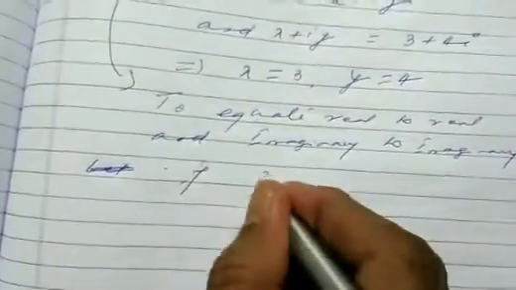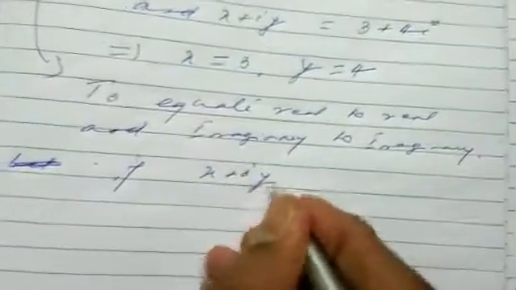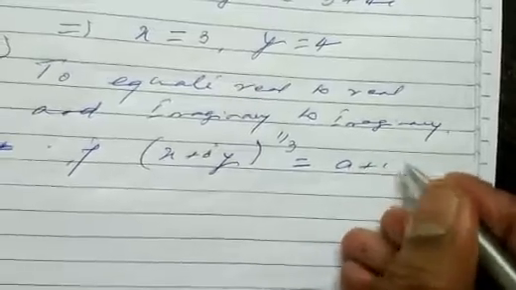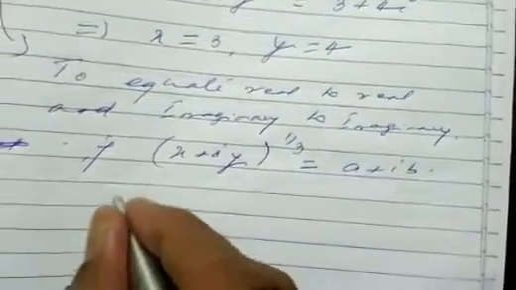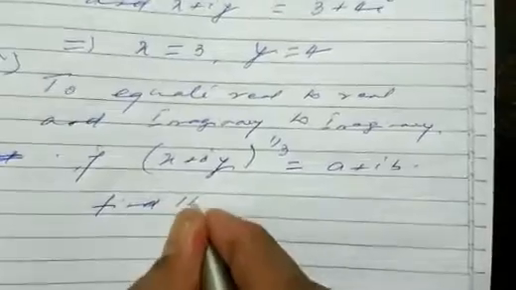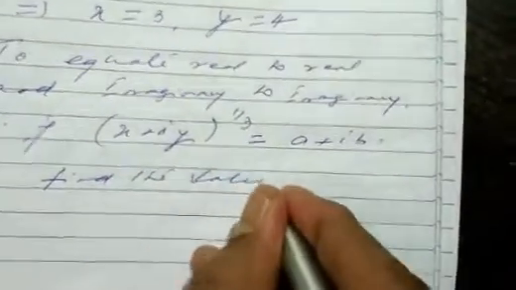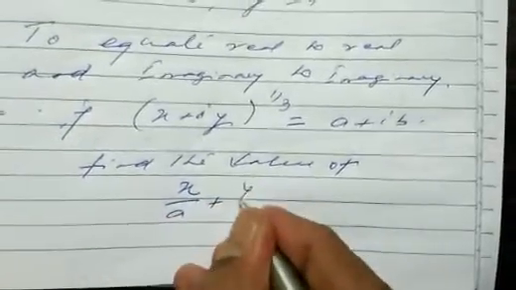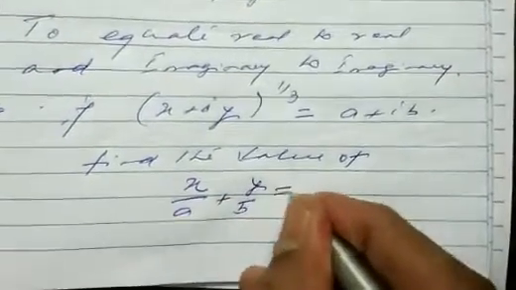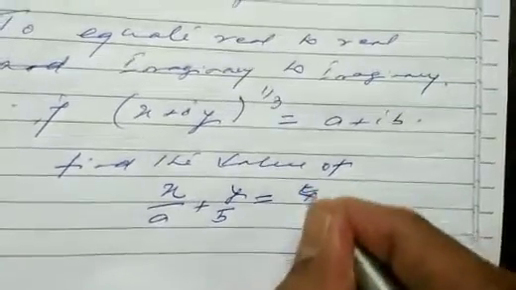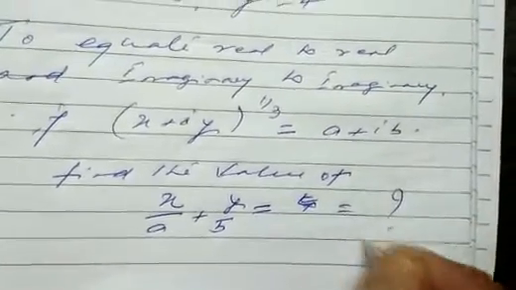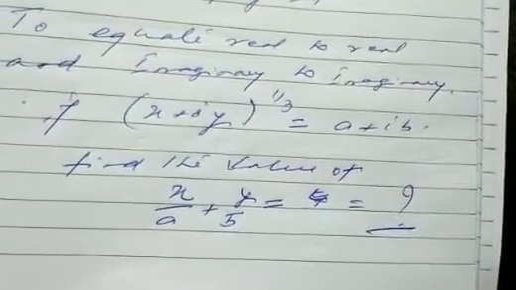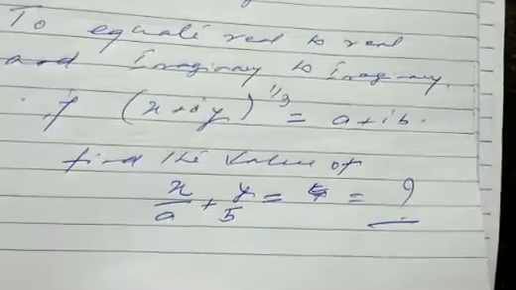If you have (x plus iy) whole to the power 1 by 3 is equal to a plus ib, and I'm asking you to find the value of x by a plus y by b is equal to how much. How we'll go about this is very simple, but for that your basic input is important.